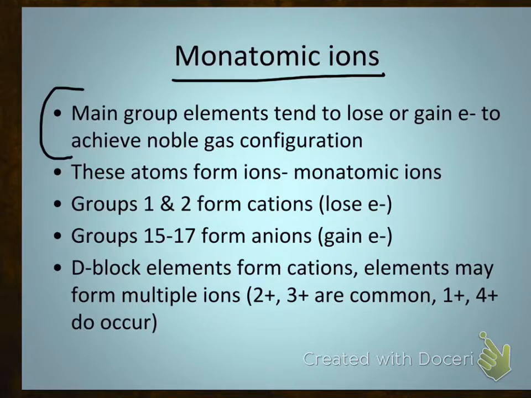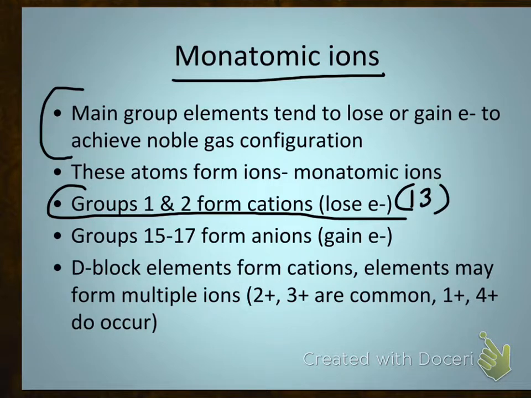And those atoms are now ions, having lost or gained electrons. So, groups 1 and 2, and 13, tend to lose electrons to form cations. Groups 15, 16, and 17 tend to gain electrons and form anions. And the D block is kind of their whole own weird thing. We'll cover that in a couple videos.